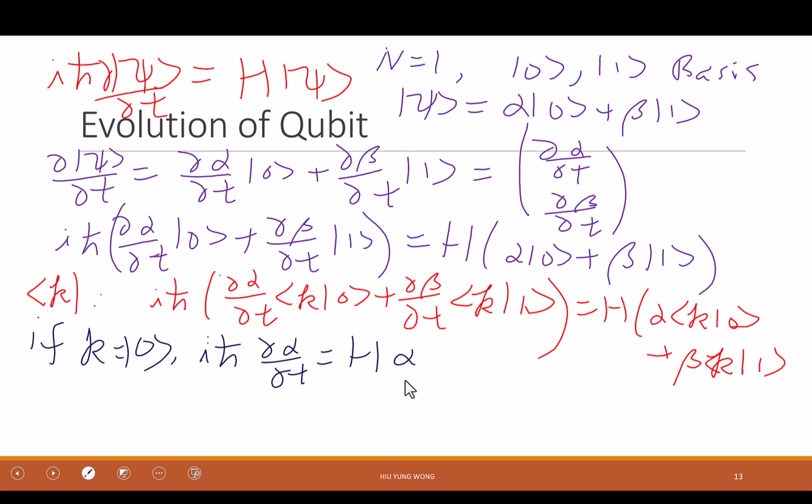I have this equation. Similarly, if k equals 1, then I have i h bar partial beta partial t equals h beta.